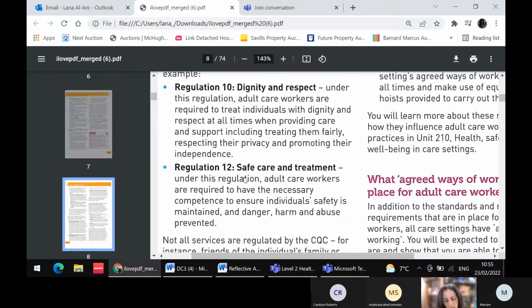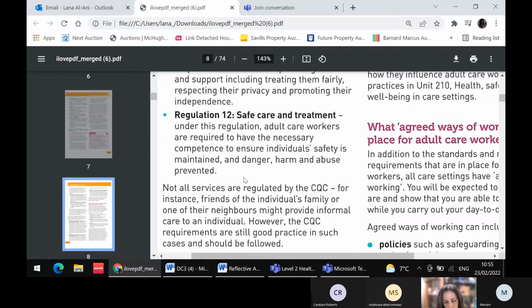Also, regulation 12, which is safe care and treatment. Under this regulation, adult care workers are required to have the necessary competence to ensure individuals are safe from harm and from danger.